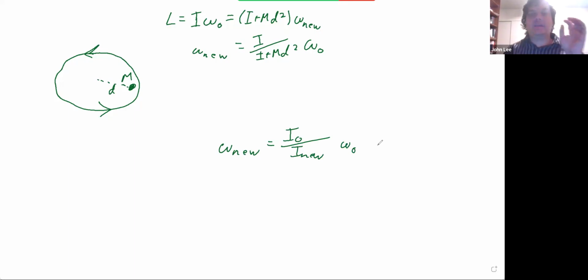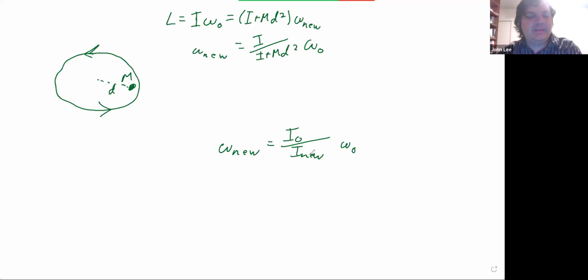If you have a figure skater who initially has their arms outstretched and is spinning around like that, then they have a high I naught, a high moment of inertia. But if they bring their arms in and up to their chest, then they drastically lower the initial radius of the particles in their body, and spin around a lot faster.